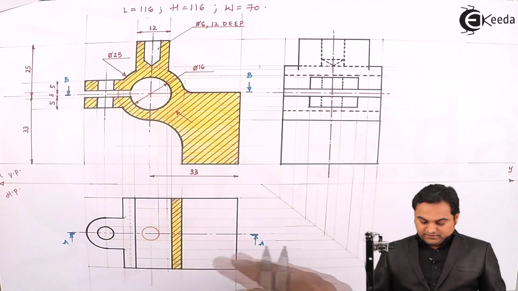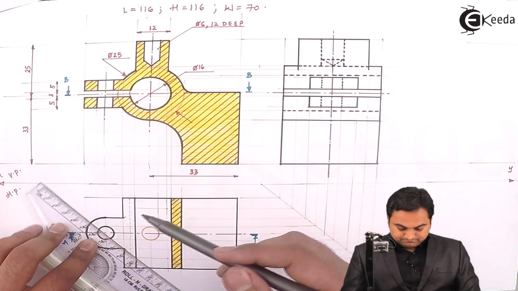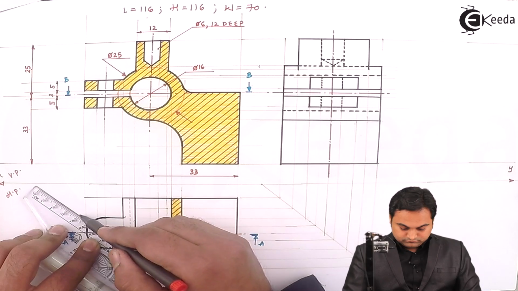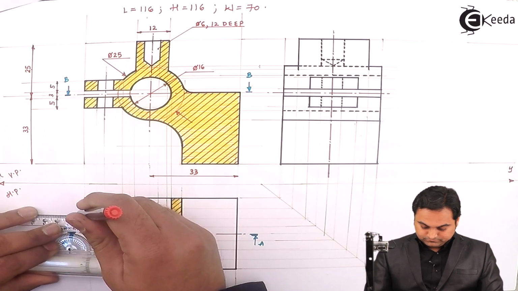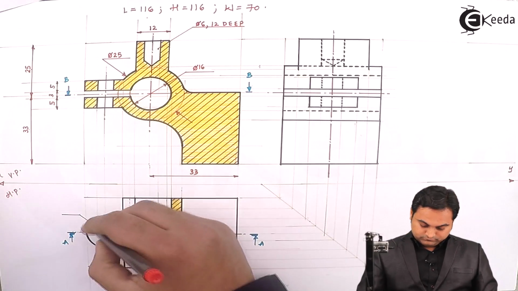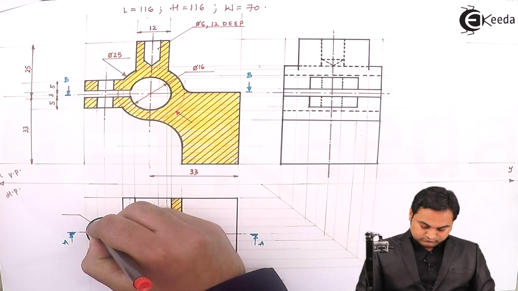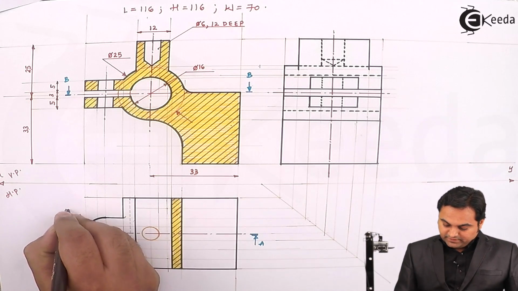Then after this I'll give the dimensions in the top view. The circle is having diameter 6.